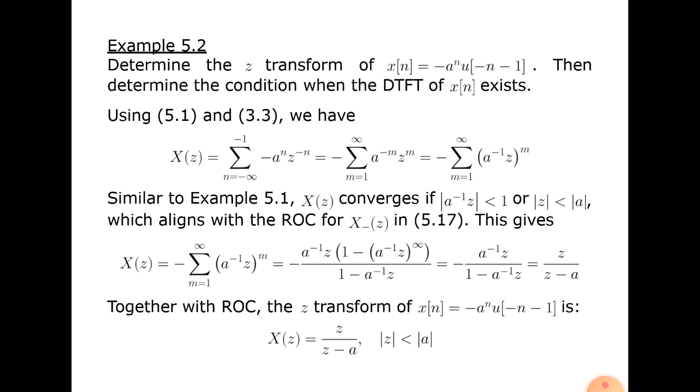So together with ROC, the transform of x of n equal to minus a power n into u of minus n minus 1 is x of z equal to z divided by z minus a, modulus of z less than modulus of a.